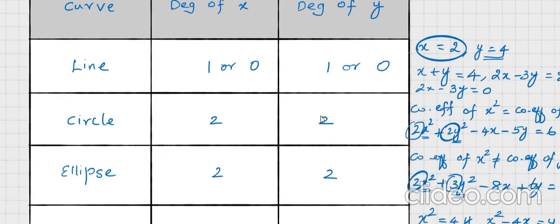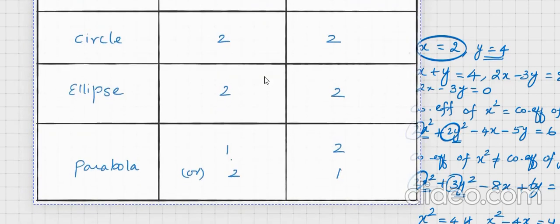Okay, for a line, the degree of x and the degree of y must be maximum 1, and for circle and ellipse, the degree of x and y are 2. For a circle, the coefficient of x square and coefficient of y square will be equal, whereas for an ellipse, it is not the case.